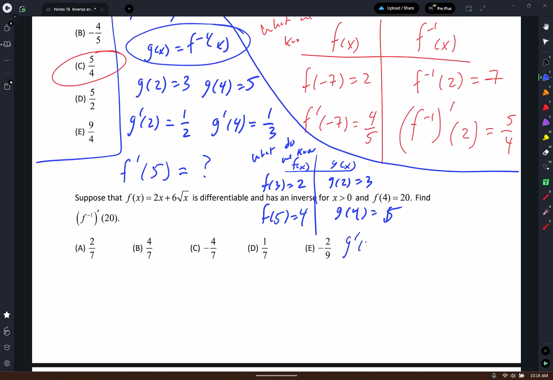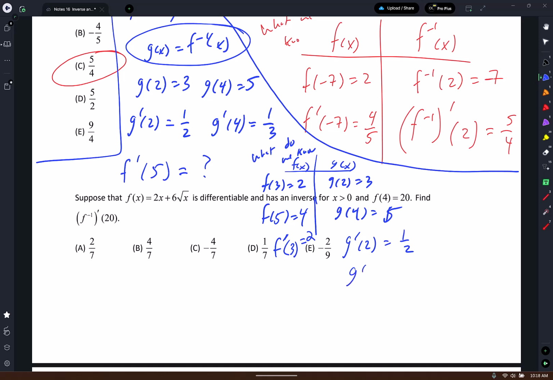g prime of 2 is 1/2. So if g prime of 2 is 1/2, what do you think f prime of 3 has to be equal to? Yeah, because they're inverses of each other, so I have to take the reciprocal.